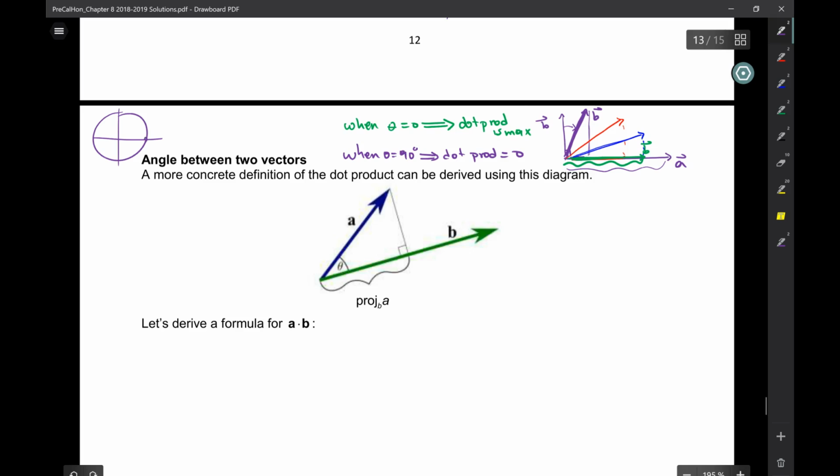So let's think about that. When the angle is here, 0, we want the function to be a maximum. And when the angle is here, we want the function to be 0. Does cosine fit that description? Is cosine of 0 equal to 1, and cosine of 90 equal to 0? Yeah. So what does that tell you?